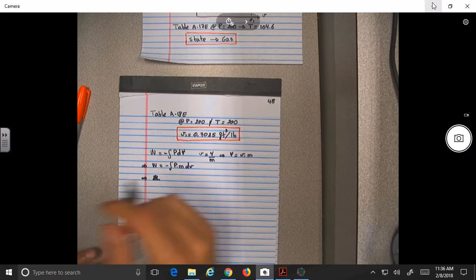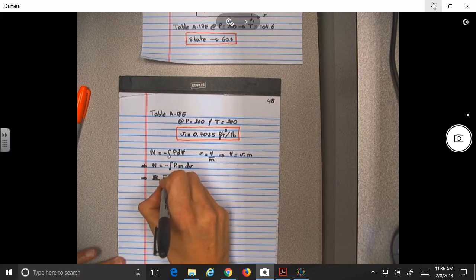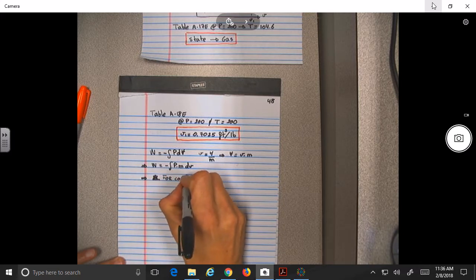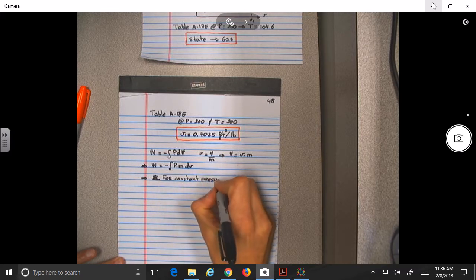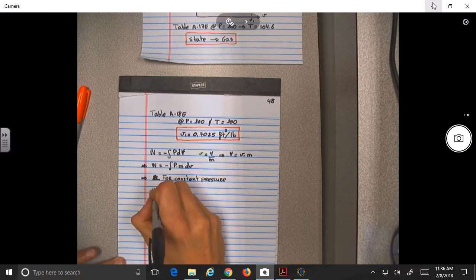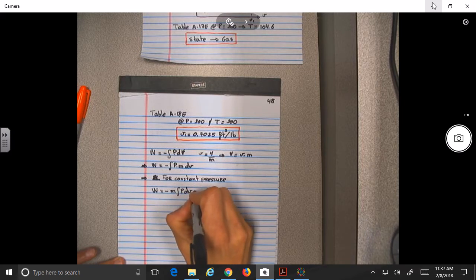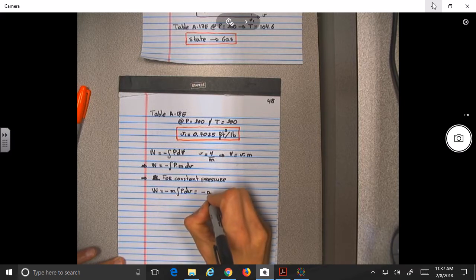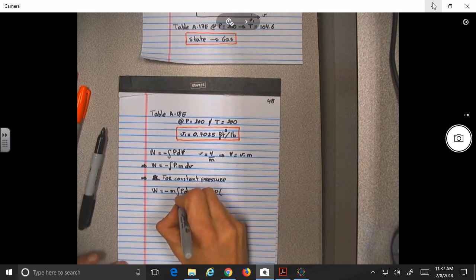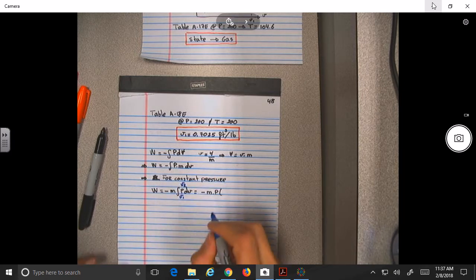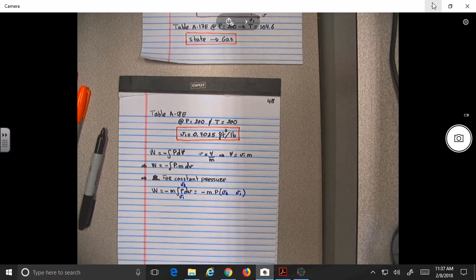So if P is constant, for constant pressure, what do we have? Correct, will be this, no? So we have at the end, this will be equal to minus M times P times what? V2 minus V1, no, for constant pressure.